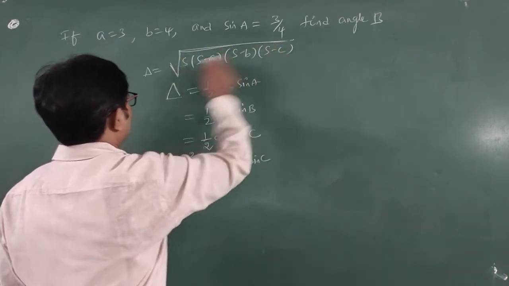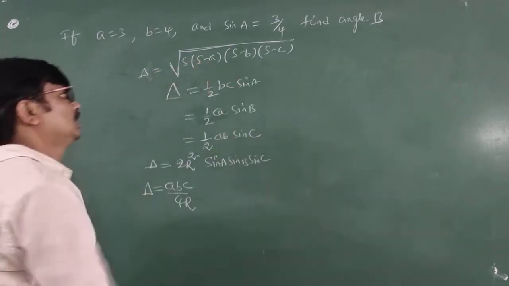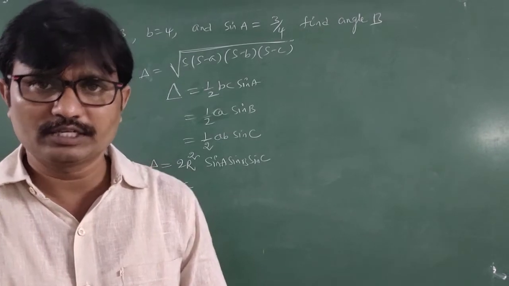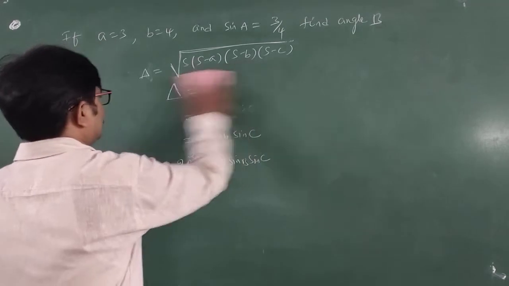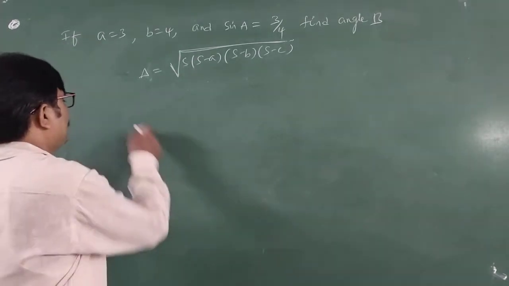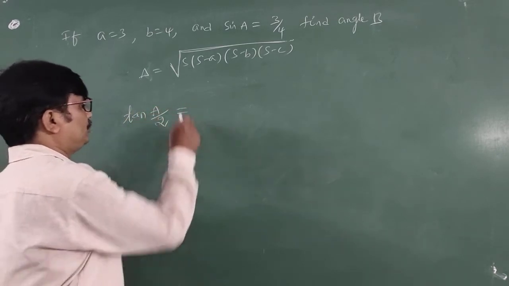Okay students, this is delta, the root of S into S minus A into S minus B into S minus C. Right now, in the half angle formulas we have to know the tan of A by 2.